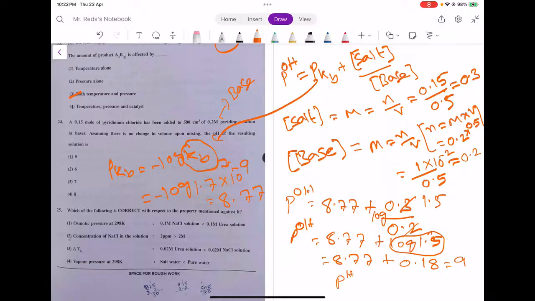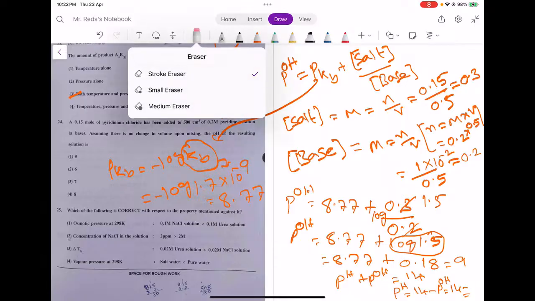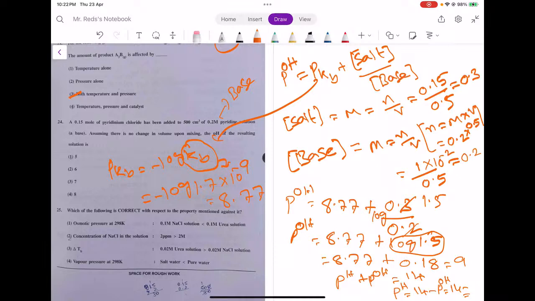But here pH plus pOH is equal to 14. pH is equal to 14 minus pOH, that is 14 minus 9 is equal to 5. 5 is the answer. First option, students.